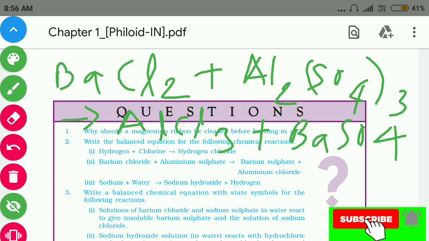Then you have to balance. This is a little bit complex, but you can balance it.